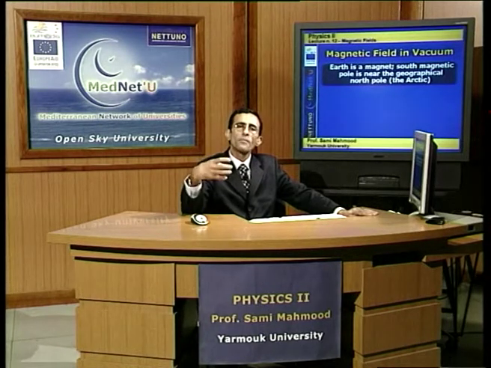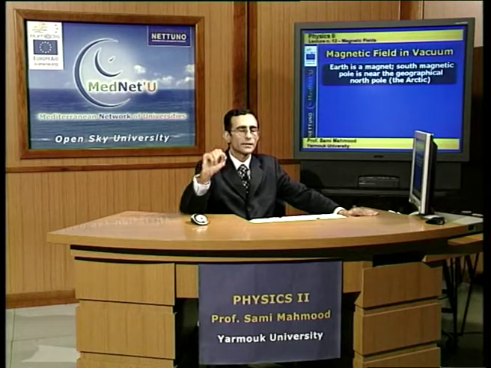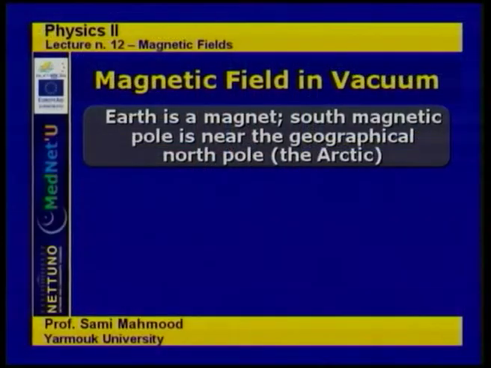That means the Earth has some sort of a field that affects the bar magnet. Otherwise, the bar magnet would not be able to rotate. In order to move it, you have to exert force on it. And thus, we conclude that Earth can be viewed as a magnet.